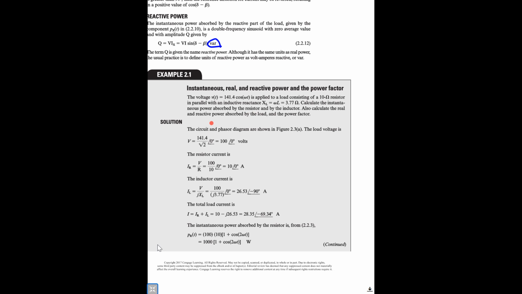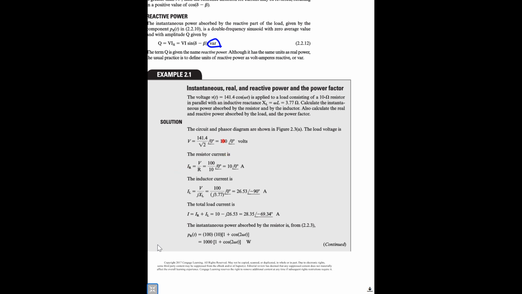Let's see. In this example, first we want to calculate the instantaneous power absorbed by the resistor and also by the inductor. Okay. Voltage RMS equal 141.4 divided by radical 2. The phasor voltage will be 100 with angle 0. No problem here?